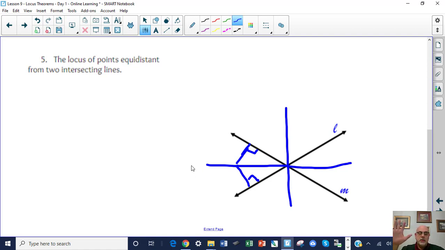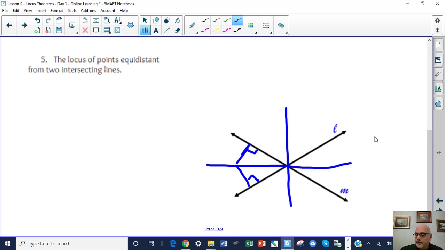So there are 5 types of locus. First, the set of all points at a fixed distance from a given point. That's actually the definition of a circle. The second locus is the set of all points at a fixed distance from a given line. That locus is 2 lines, one on either side, same distance away. The third locus is equidistant from 2 parallel lines, and that's 1 line right down the middle between them, parallel, halfway.